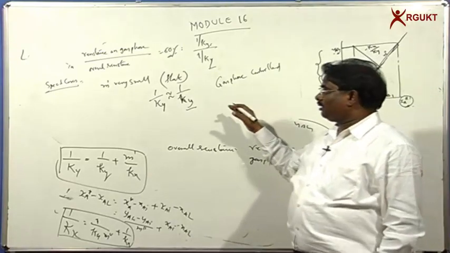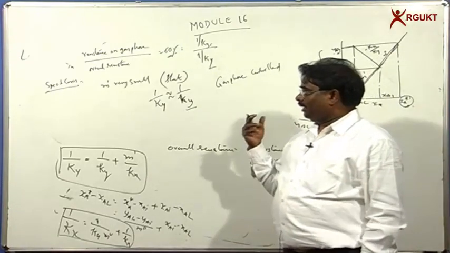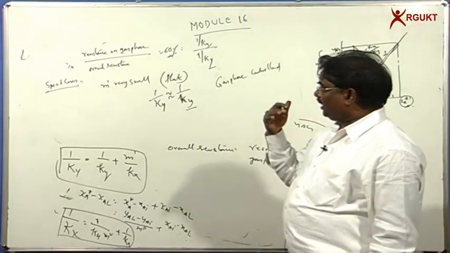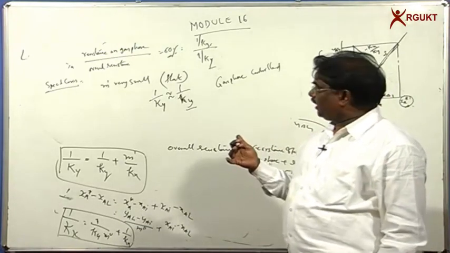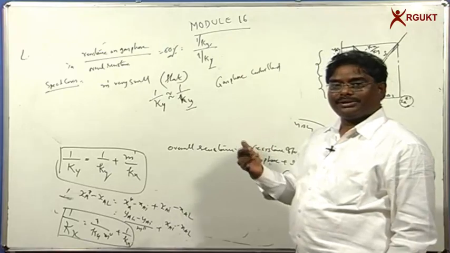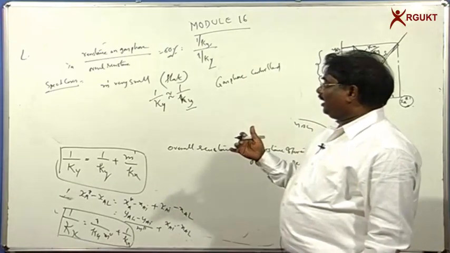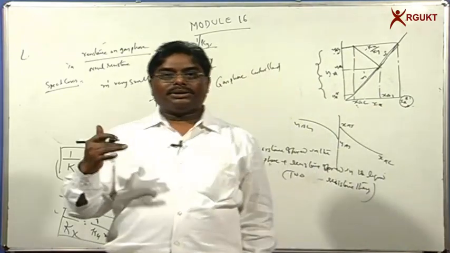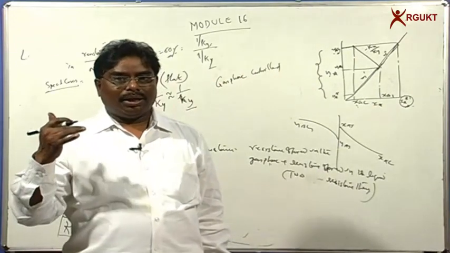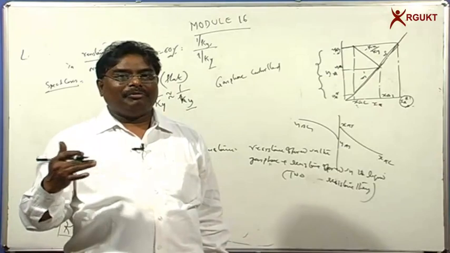Your gas phase is controlling the overall resistance. Try to understand. Initially we started with the 3 resistances, and what we said is interfacial resistance is negligible, and we have only the 2 resistances. Now what we say, for highly soluble gases, highly soluble solutes in the liquids, the m value will be very, very small.